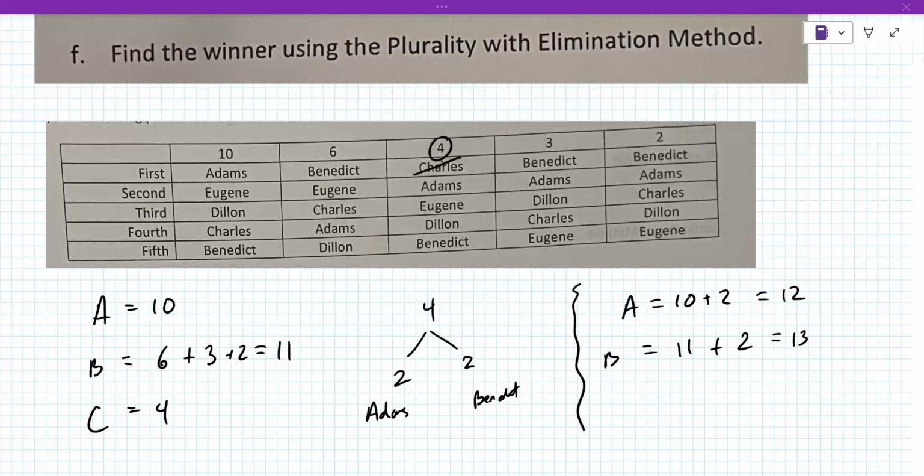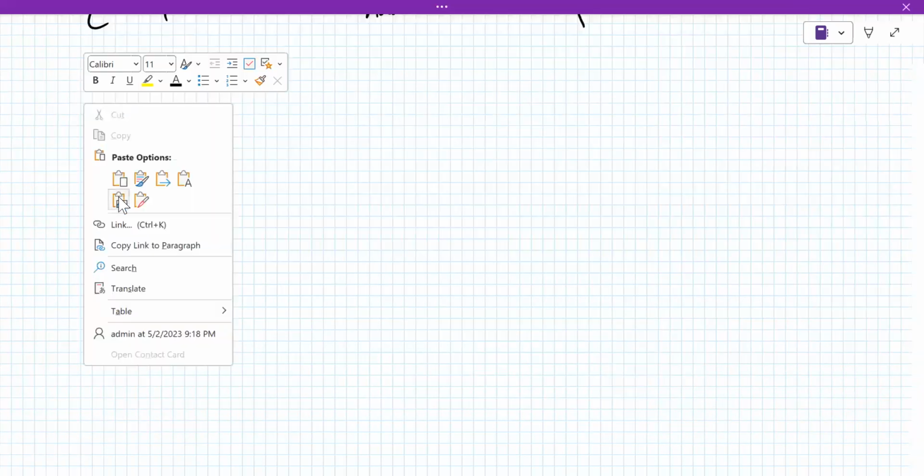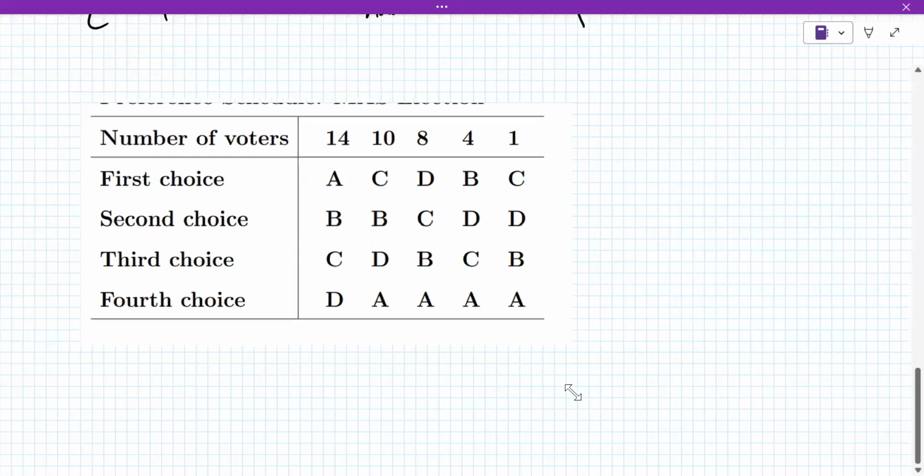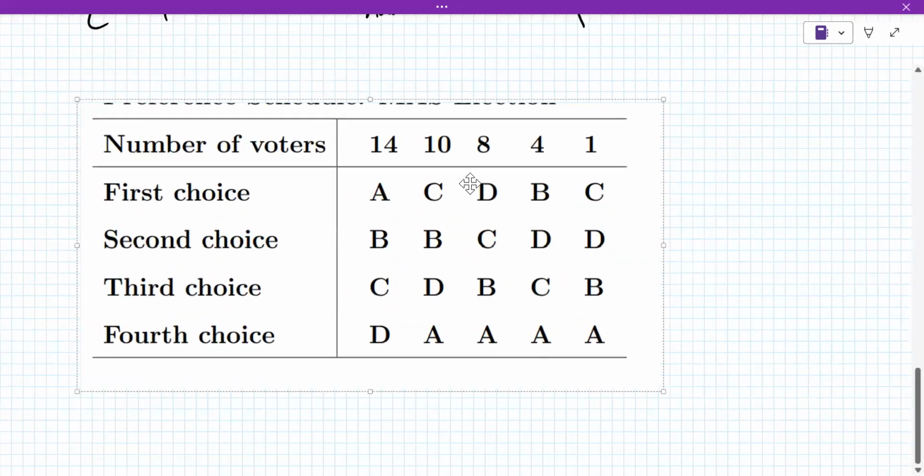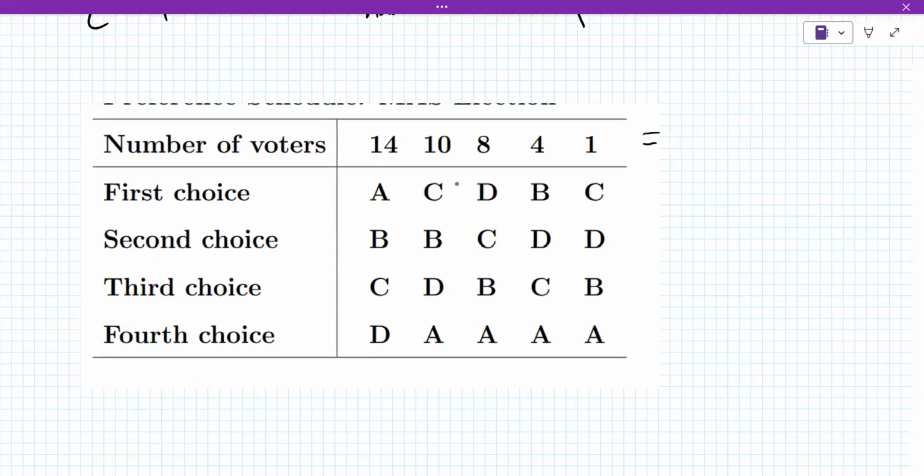All right, here we go. So you're just focusing on row 1, okay? But you first have to calculate the number of votes. 14 plus 10 plus 8 plus 4 plus 1, 24, 32, 36, 37. So a majority would be 19.